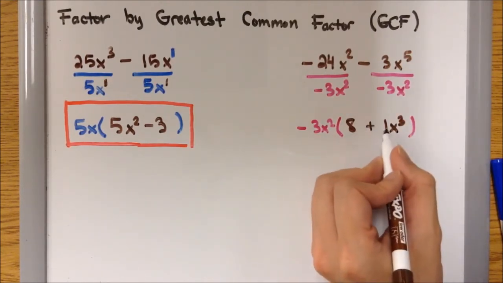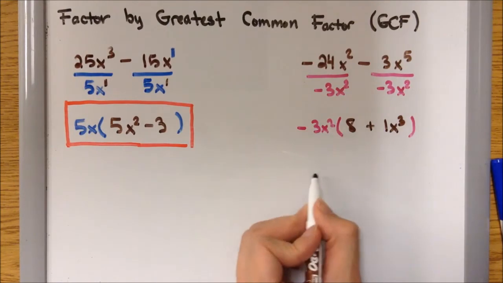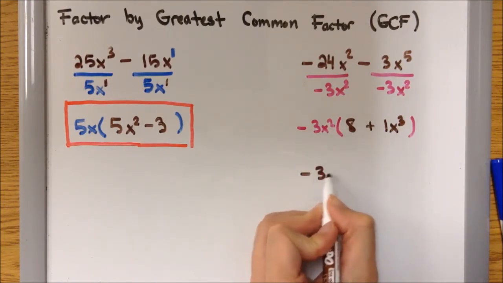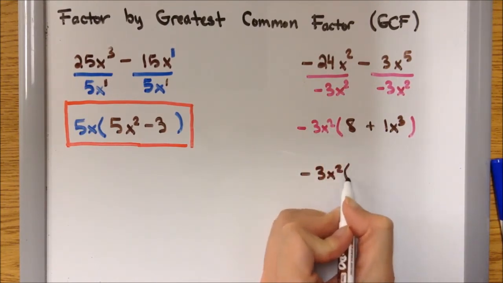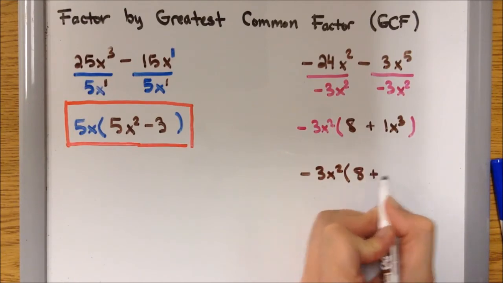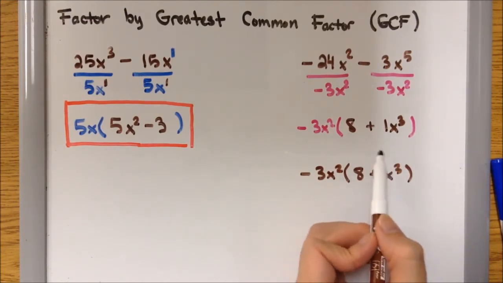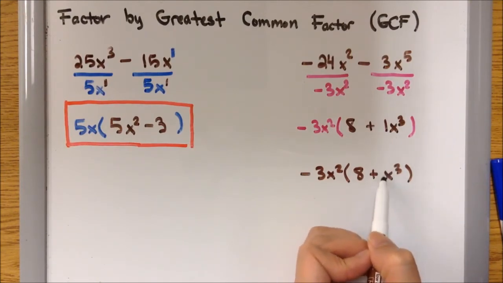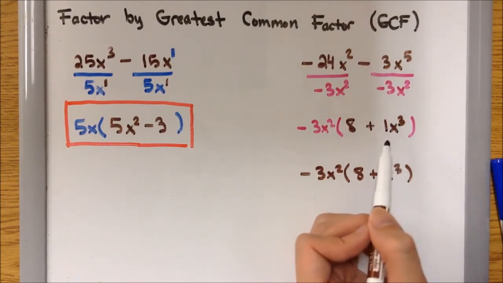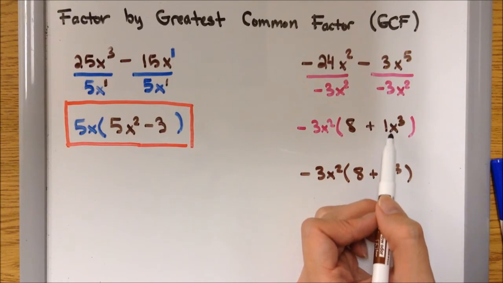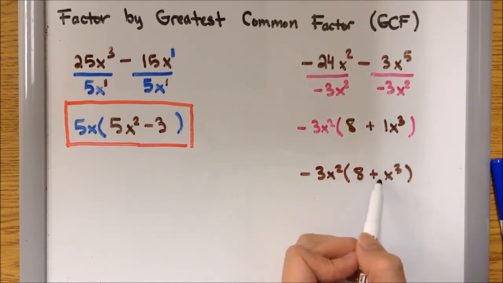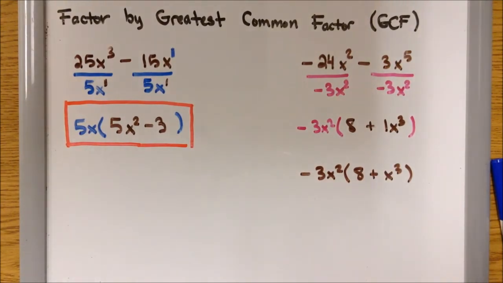Now, you can keep it as 1x to the 3rd, or you can simply rewrite it as negative 3x squared times 8 plus x to the 3rd. Either answer is acceptable because it has an invisible 1. But if you write the 1, that's okay, because it's technically correct. There's an invisible 1. So either answer works.